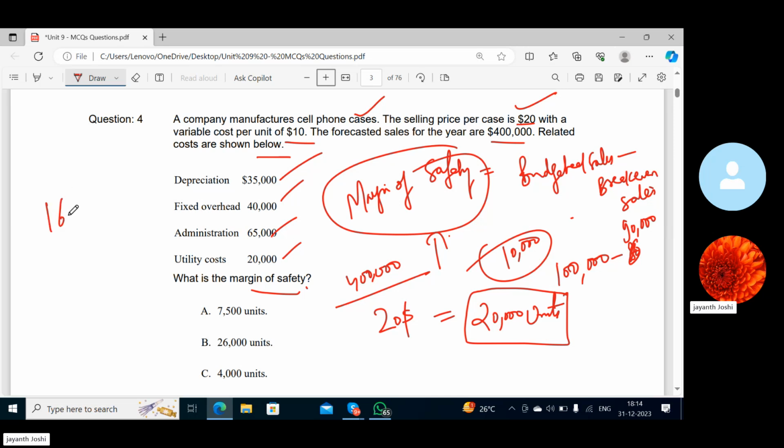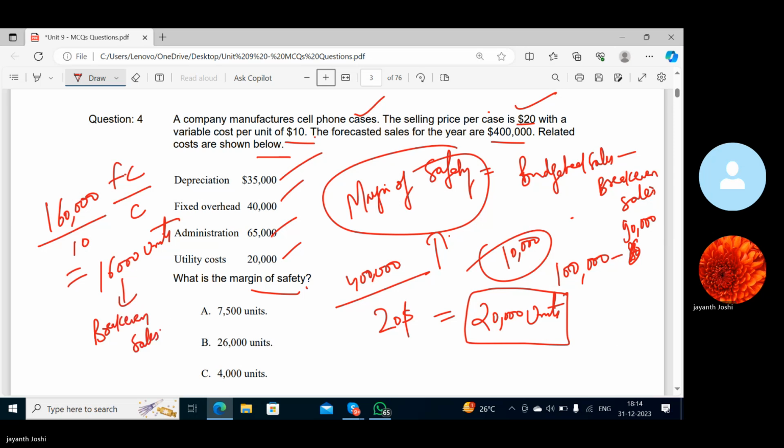So what is the break even point formula? Fixed cost by contribution. Contribution is sales minus variable cost, which is 10. So how many units? 16,000 units. So this many units you need to sell to break even. So this is break even sales.